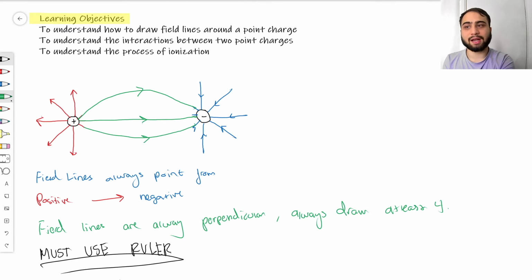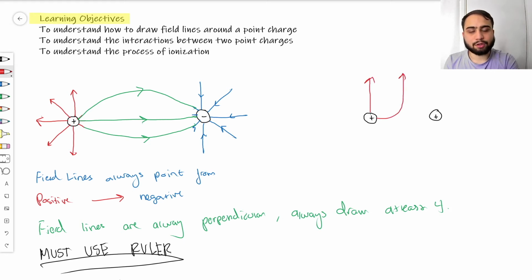Now let's have a look at like charges. So like means similar. So if we have a positive charge here and a positive charge here, the field lines will do the most they can to avoid each other. Look, we'll get something like this. Can you see that they're not touching each other at all, right?